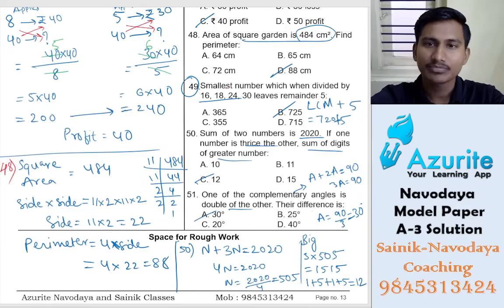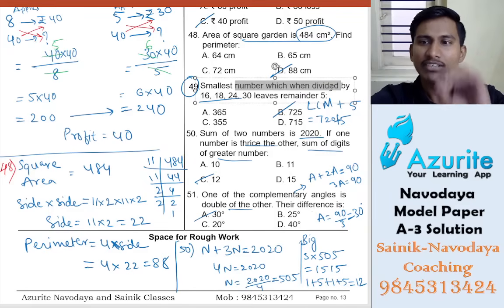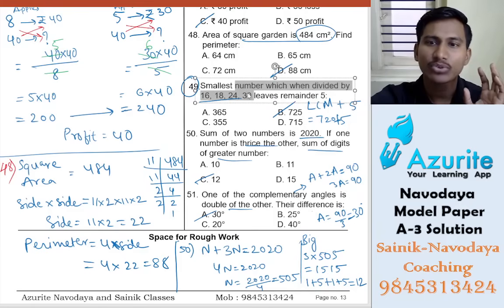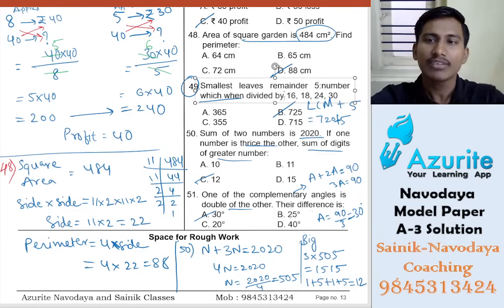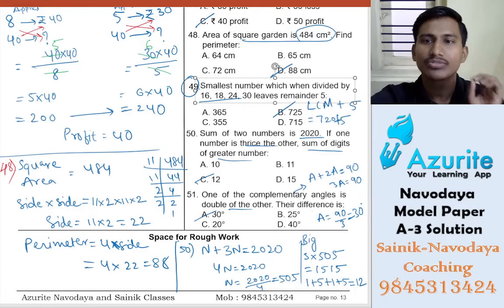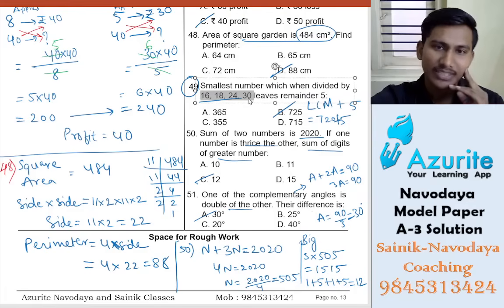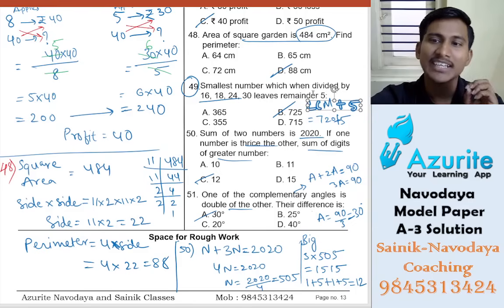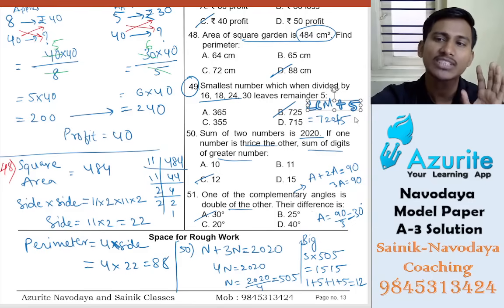49 is what? They are asking the smallest number which when divided by 16, 18, 24, 30 leaves a remainder of 5. So what do we have to do first? We take the LCM, and since the remainder is 5, we add 5 to the LCM.